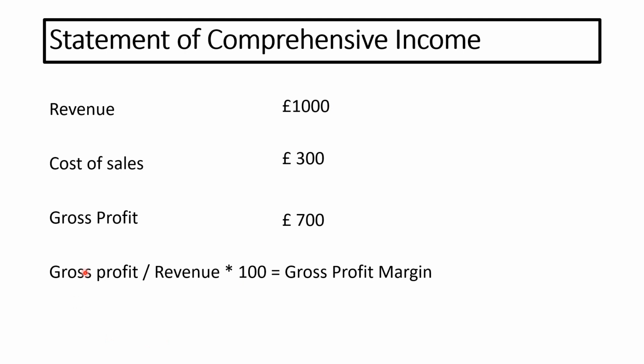To do this, you take the gross profit figure, 700, divide it by the revenue figure, 1,000, and then times it by 100 in order to turn it into a percentage, and that will give us our gross profit margin. So we can see 700 divided by 1,000 times 100 is 70%. So of the money earned as revenue, this business kept 70%, or £700, of money. That's really rather good.